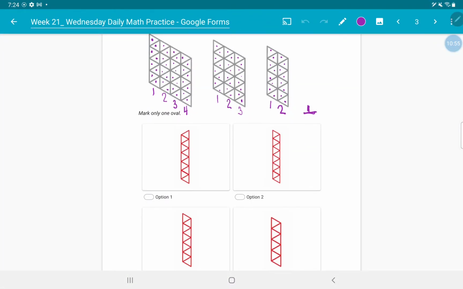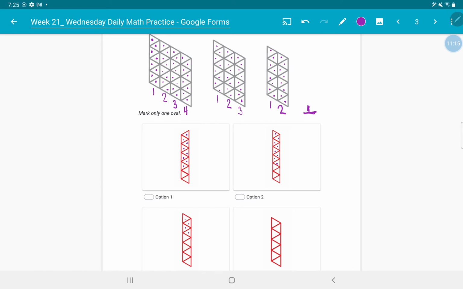So we're going to see which one of our options has 8 triangles. 1, 2, 3, 4, 5, 6, 7, 8. Not that one. Not that.